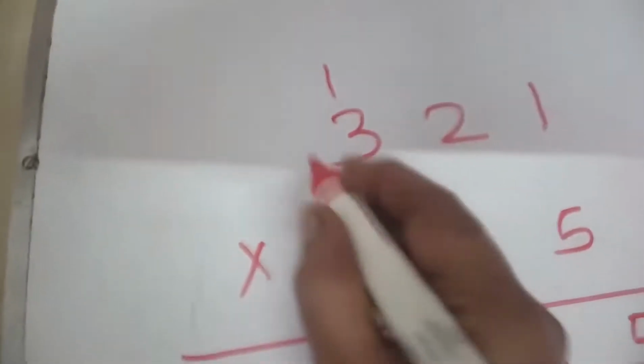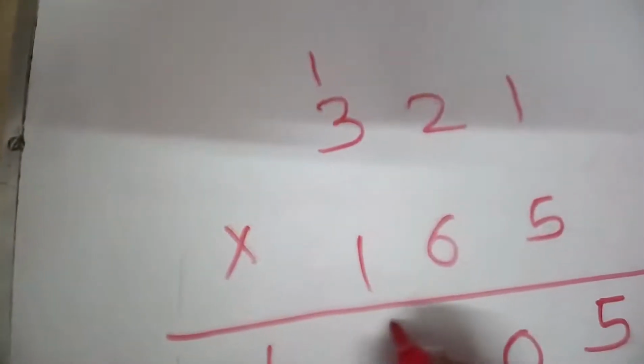Then second is 321 multiplied by the 3-digit number 165. So the same process you will do. First, multiply 5 with each digit. 5 ones are 5, 5 twos are 10, carry 1, 5 threes are 15 and 1, 16.